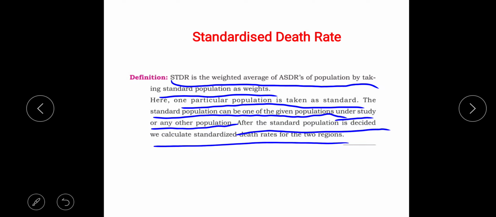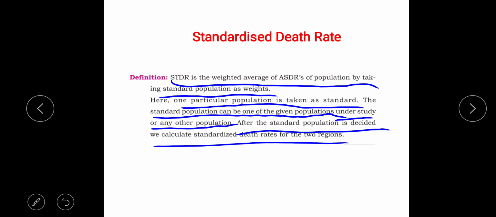So that means it may be one of the given populations. I said STDR is used to compare with other locations. When we are comparing, at least two populations are there, and the standard population might be one of the given populations, or else it may be a separate population. For example, India and China, two countries.